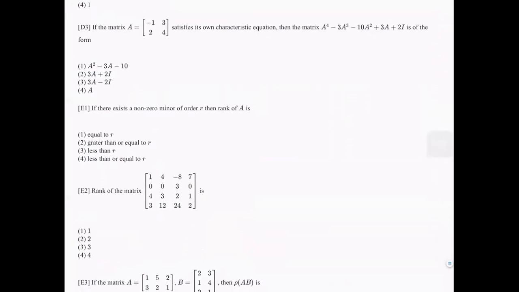If matrix A satisfies its own characteristic equation, then the matrix A power 4 minus 3A cube minus 10A square plus 3A plus 2I is of the form... So what is asked here? How can we proceed with this problem? First, directly use the Cayley-Hamilton theorem.